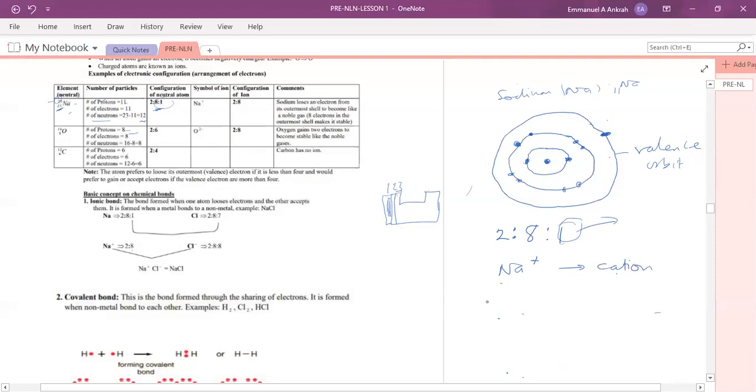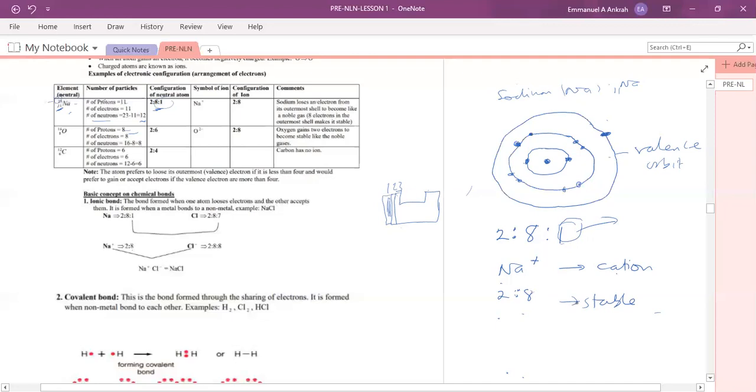The configuration now will become 2, 8. It becomes stable. Any atom with a maximum of 8 on the outside is stable. They want to be like the noble gases, those in group 8.